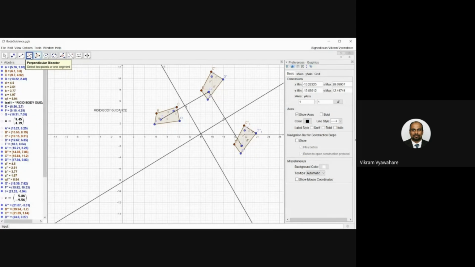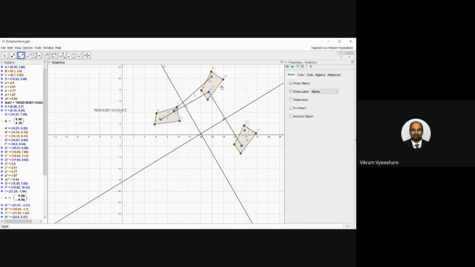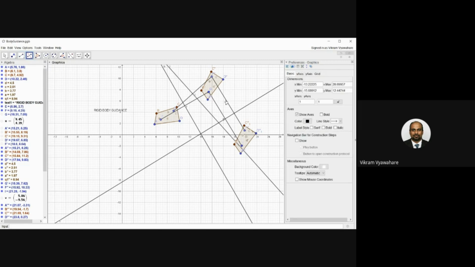The second pivot location I can get in the same way.